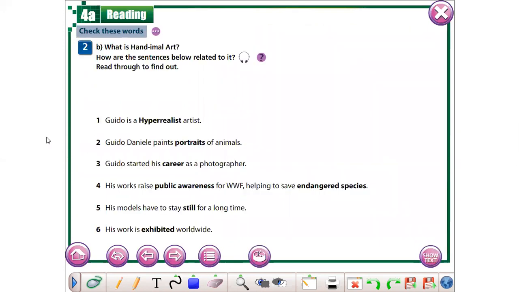And then after that, you have to tell me how these sentences are related to the text. 1, Guido is a hyper-realistic artist. 2, Guido Daniele paints portraits of animals. 3, Guido started his career as a photographer. 4, his work raised public awareness for the WWF, helping to save endangered species. 5, his model had to stay still for a long time. And 6, his work is exhibited worldwide. So listen and read, and then we're going to check your answer.